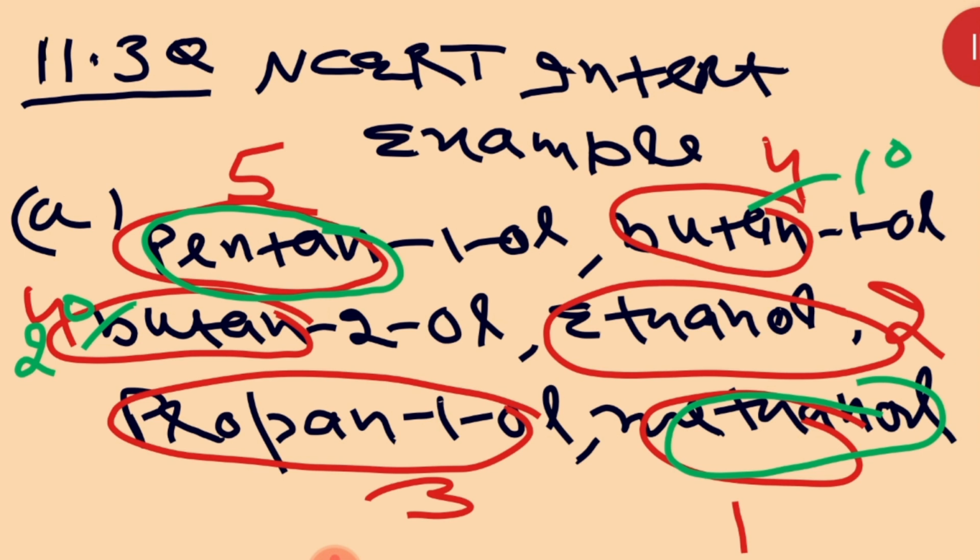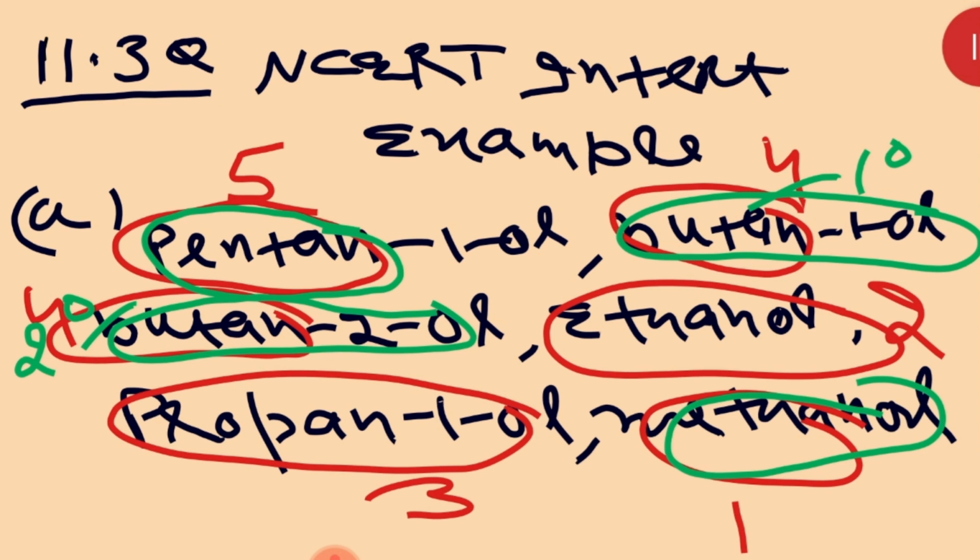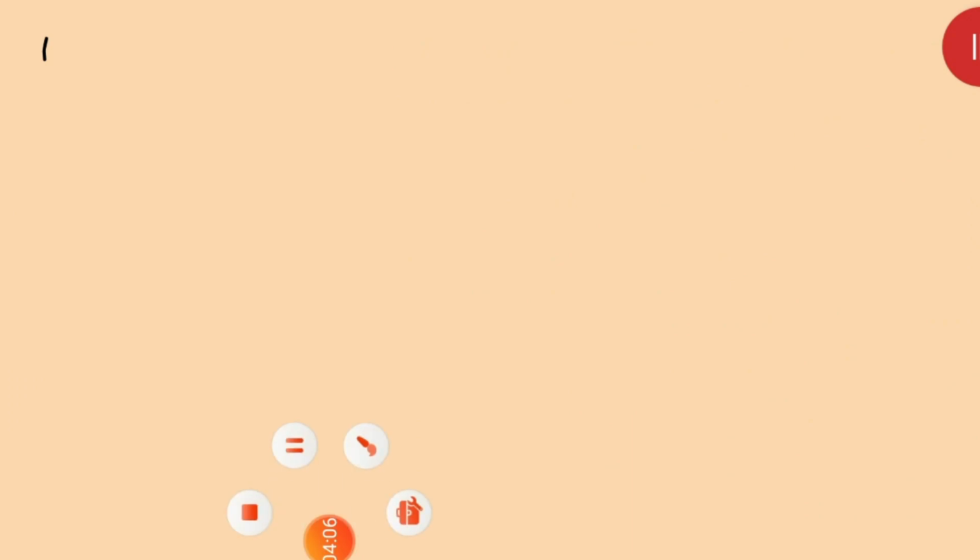Once again, butan-1-ol has the higher boiling point because it is a primary alcohol with less branching, so it has more surface area and more van der Waals forces. Is that clear?